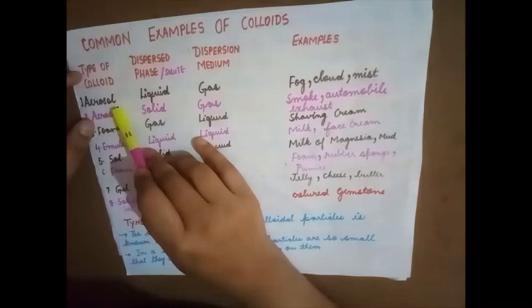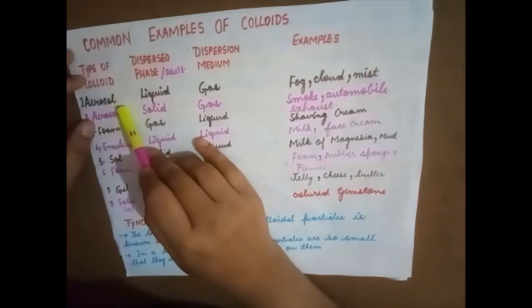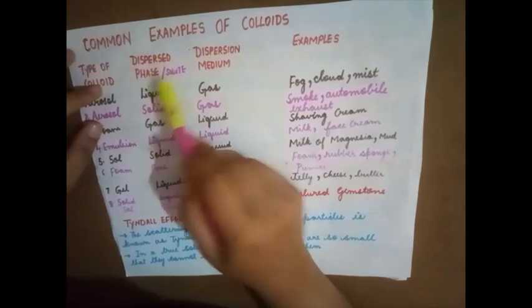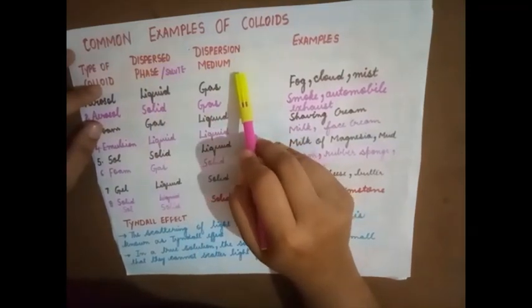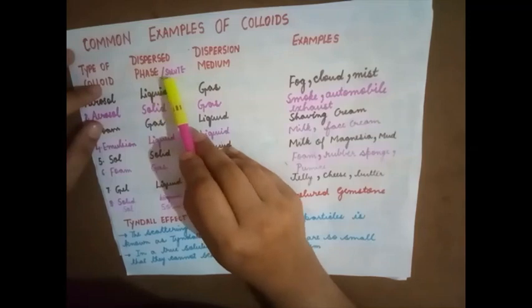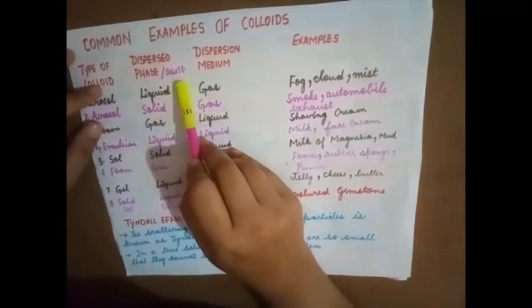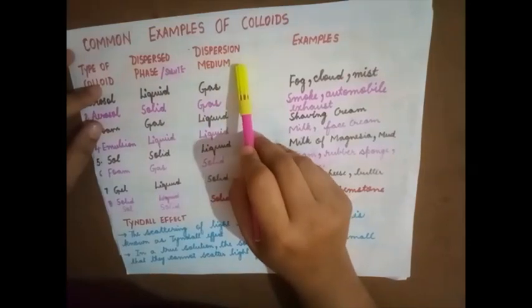Now what exactly are these types of colloid made up of? They are made up of a disperse phase and a dispersion medium. Disperse phase is present in small quantity, I can compare it to solute, whereas dispersion medium is present in large quantity, I can compare it to solvent.